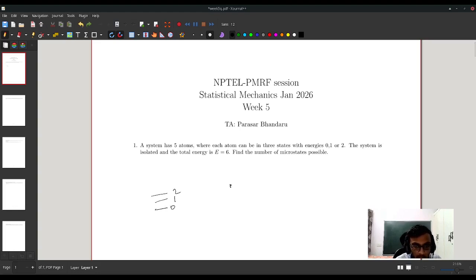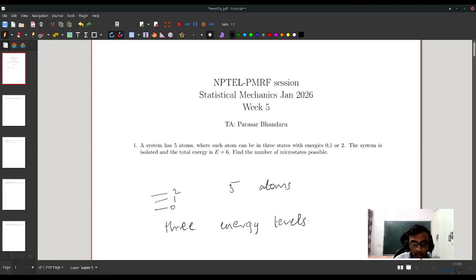So there are 5 such atoms, each atom has 3 energy levels. And the system is isolated. So that is where the microcanonical ensemble comes in.